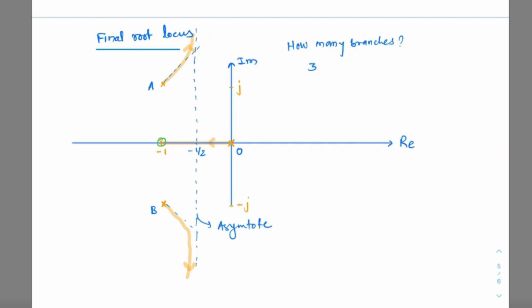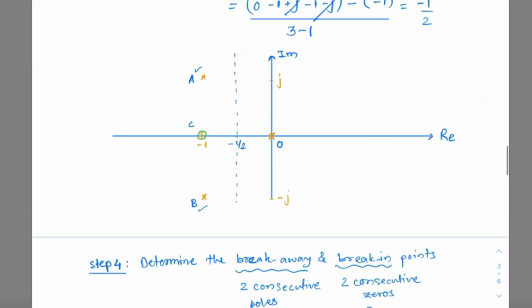So except the case where k is 0 and we will end up at this point, the origin, where the system would be marginally stable, everything else in the root locus is in the left half of the complex plane. So the stability would be guaranteed. So as long as k is greater than 0, the system would be stable.